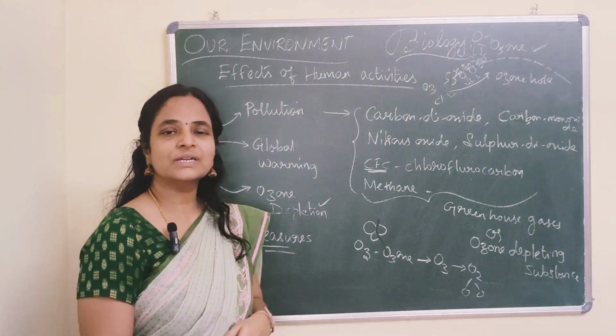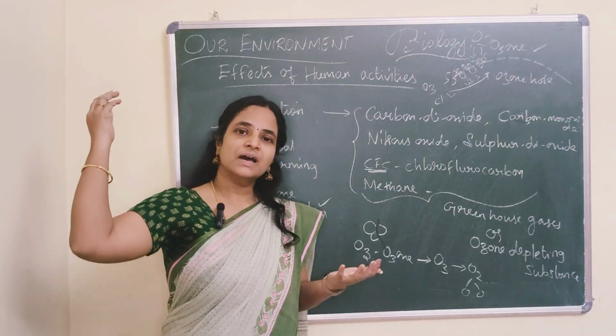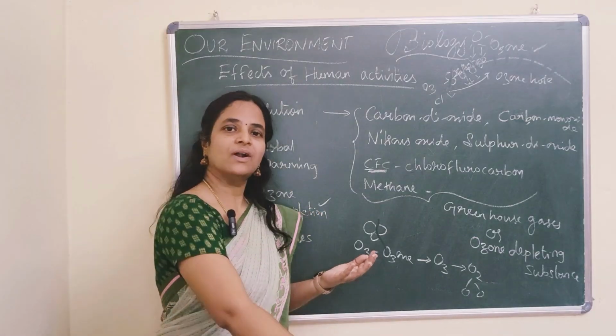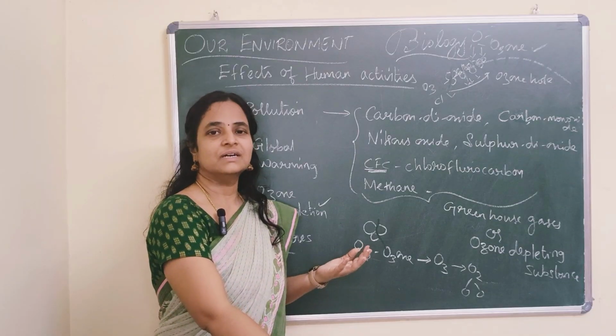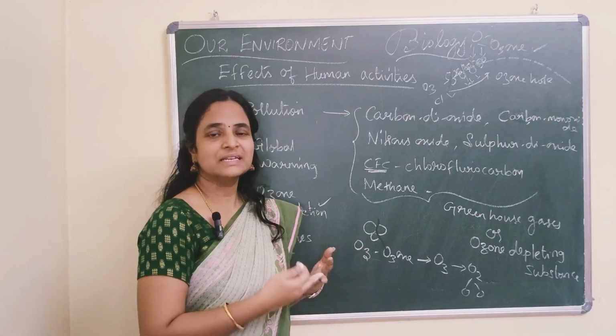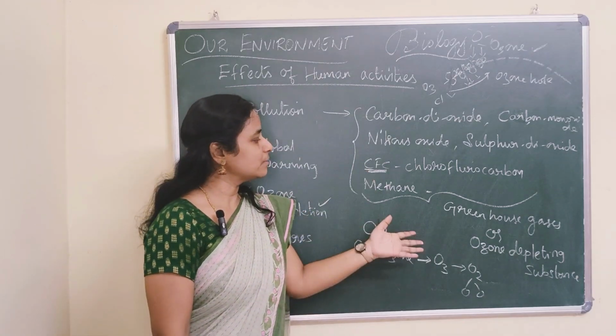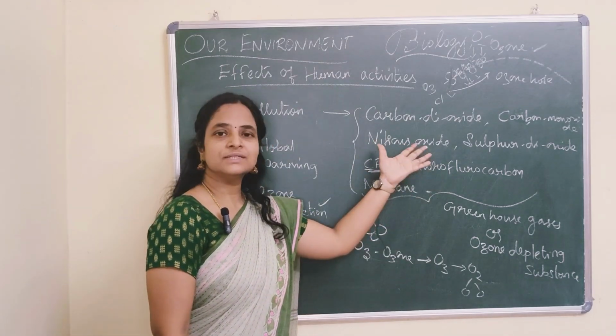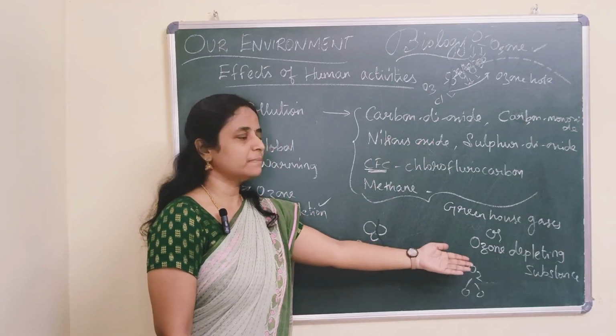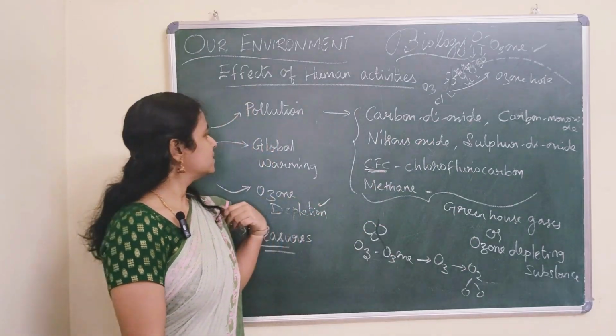So when ozone depletion takes place, all the harmful rays from the sun will fall directly onto the earth, which causes skin cancer, skin irritation and all other health effects. So it is very important to minimize the usage of all these ozone depleting substances and the greenhouse gases.